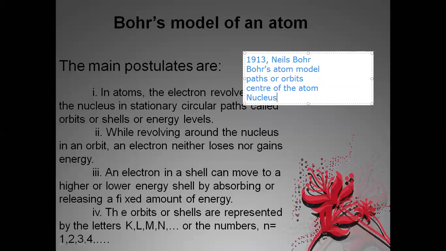In his second postulate, he talked about the revolution of electrons. Electrons revolve around the nucleus in fixed paths called orbits, shells or energy levels.